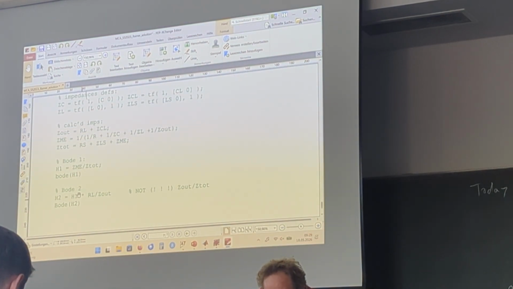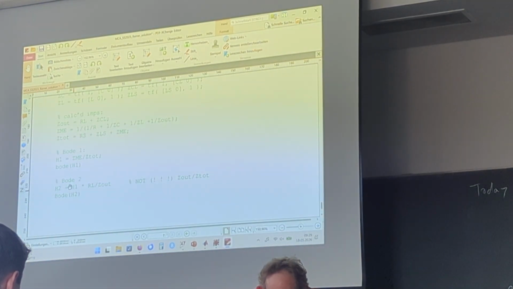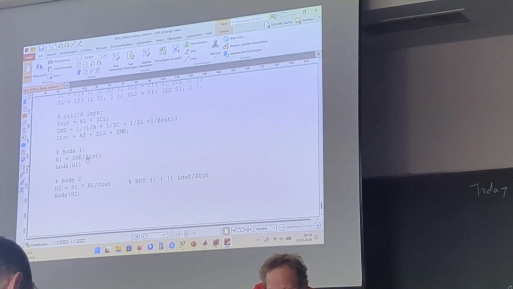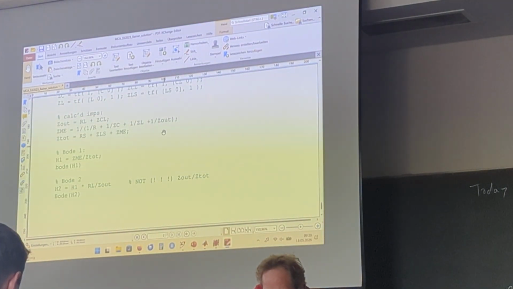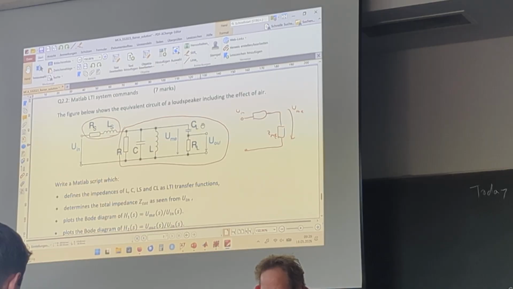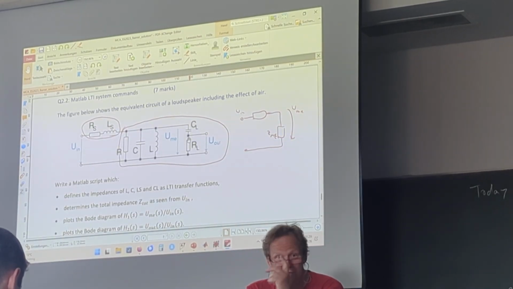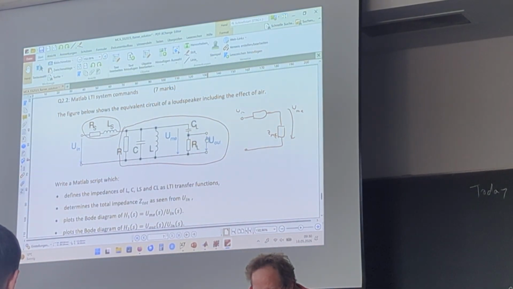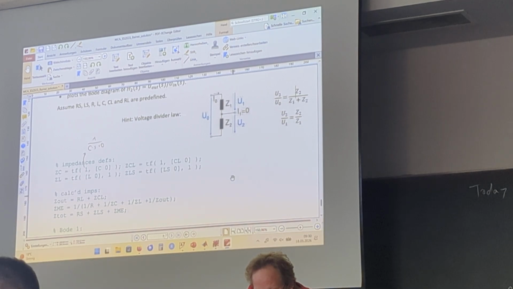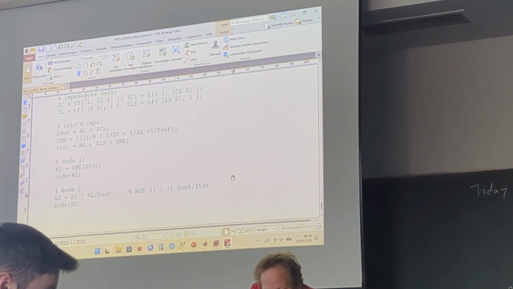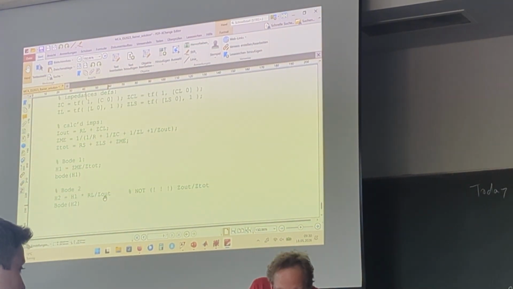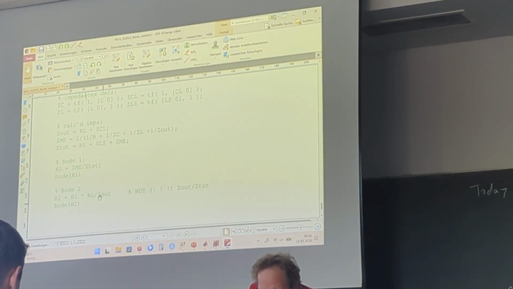Okay, and that means we have two systems in series, and that means we multiply first this H1, and then this describes how U in is transferred to U mechanical, but then U mechanical is again divided, second time divided, down to U out, and because this is serial, we multiply this with the ratio again, so RL divided by Z out.